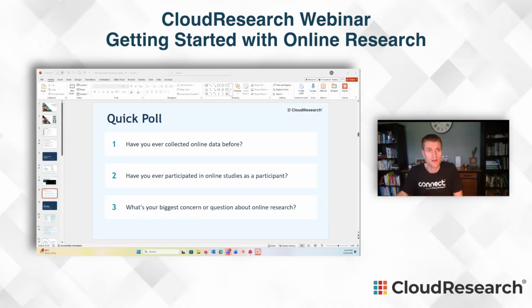So if you look at the toolbar across the top, you should see a chat icon. If you click on that, I'm going to go ahead and launch the first question here. If it doesn't pop up on your screen, again, you should find it in the chat section. But the first question is simply, have you ever collected online data before?